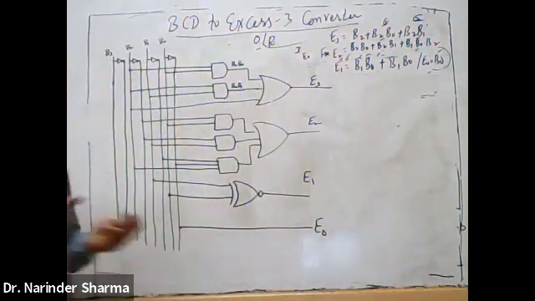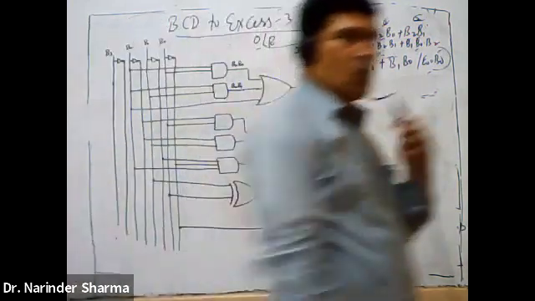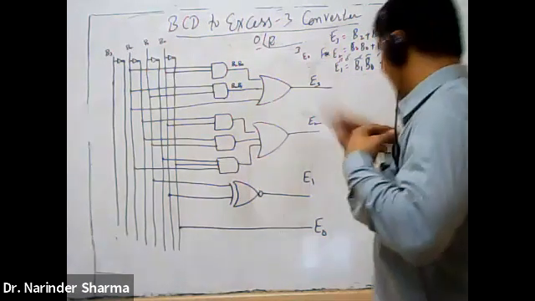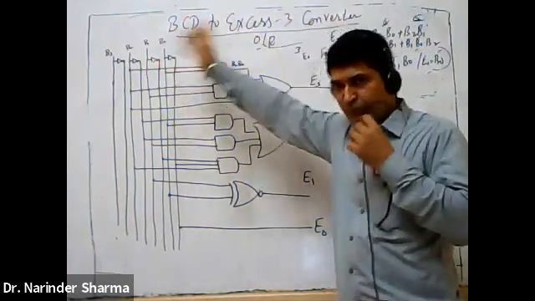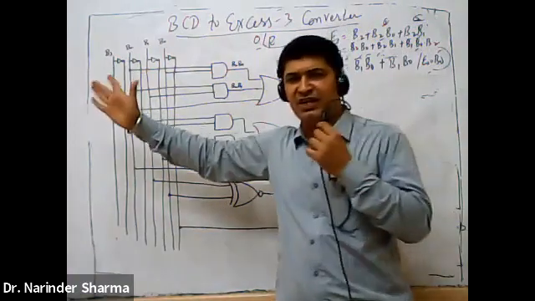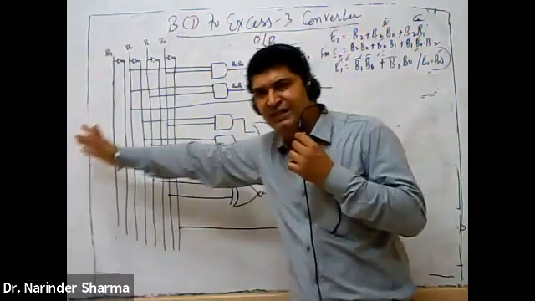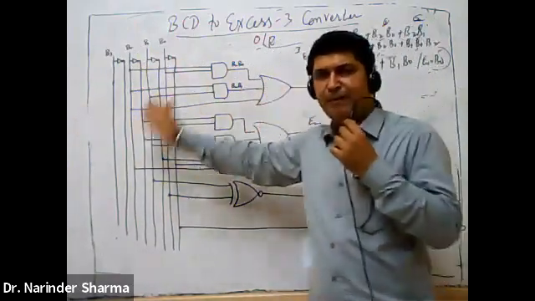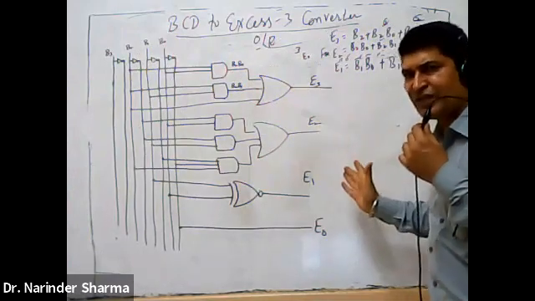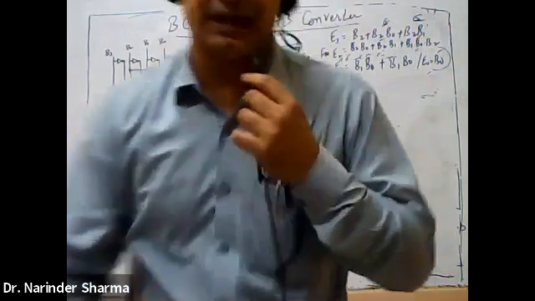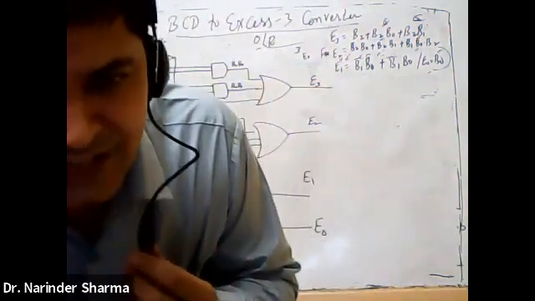In this way, we have designed BCD to excess-3 converter. And if you have to convert excess-3 to BCD, method will be identical. Only your truth table will be changed. E3, E2, E1, E0 would be towards the input side, B3, B2, B1, B0 towards the output side, and same process you have to follow. So this is the way how we can convert BCD to excess-3.